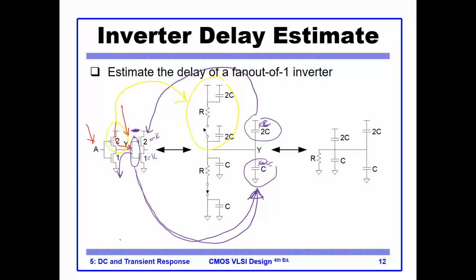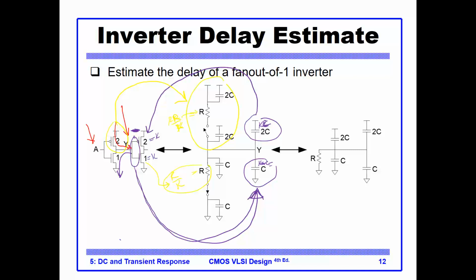Notice that here we have 2R, which is equal to 2R divided by K, and since K equals 2 for this PMOS, the K cancels the 2, and I have R. For this one it is R over K, and since for this NMOS K equals 1, we will get an R. And here we have KC, K equals 1, so it stays as C, and this is KC, K equals 1, which stays as C.